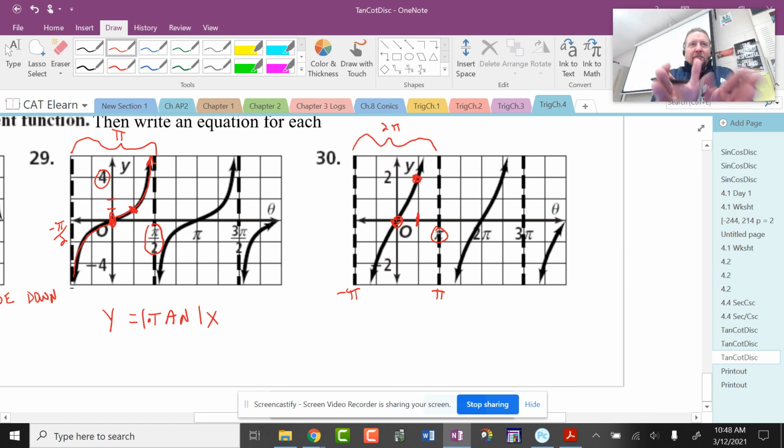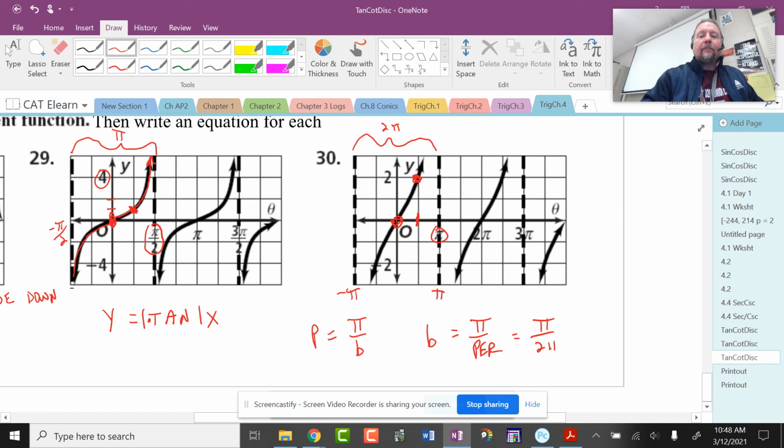So really being specific, I'm looking at that picture. Now, how do you get a period of 2 pi? Remember, period is pi over b. So I could change this to b equals pi over period. So what's pi over 2 pi? 1/2.